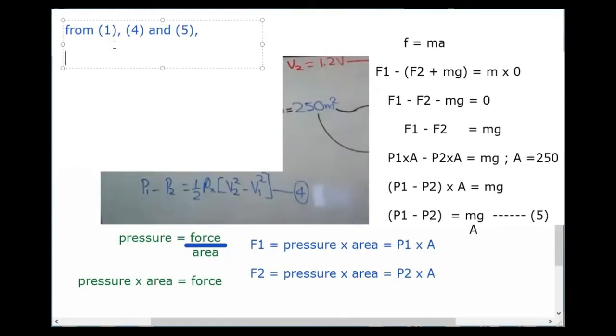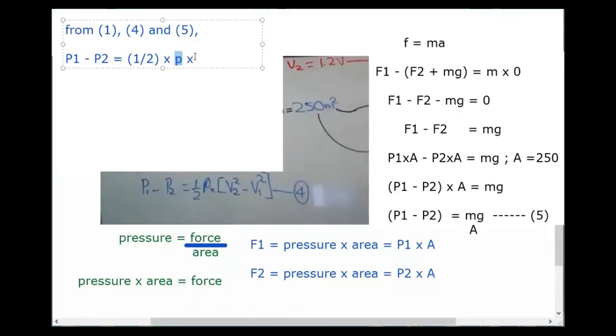Equation number 4 tells us P1 minus P2 equals half into rho. I write the rho like this because that's how it types, right?